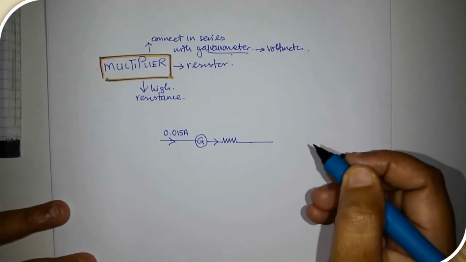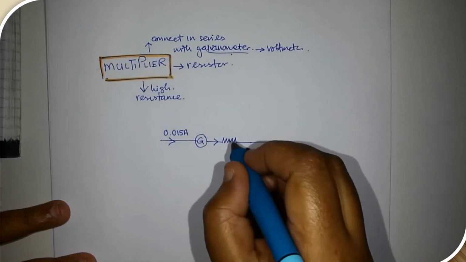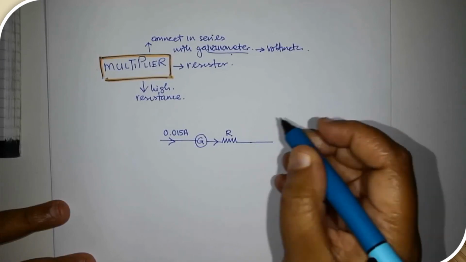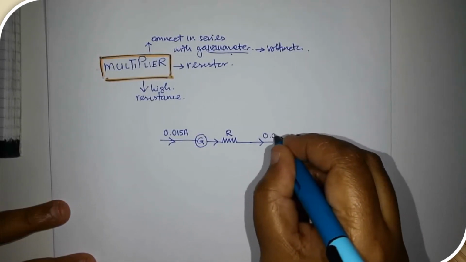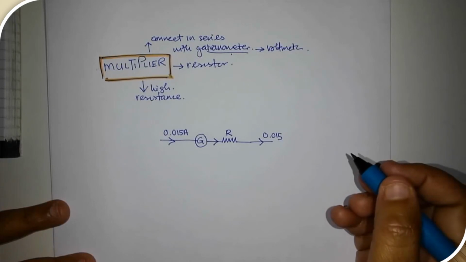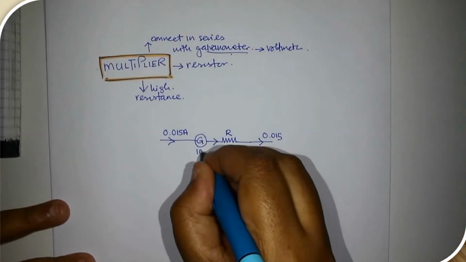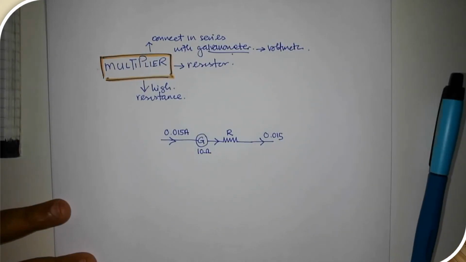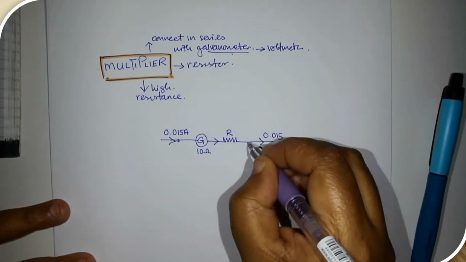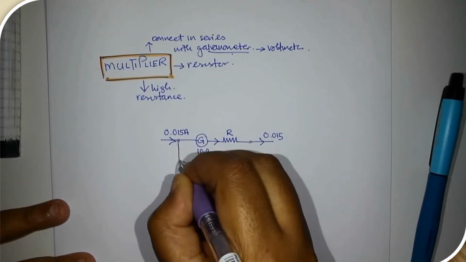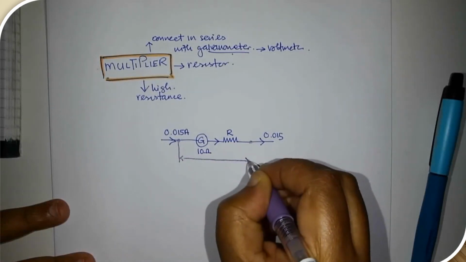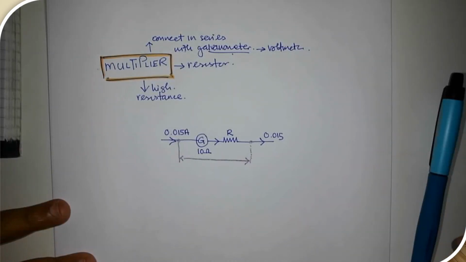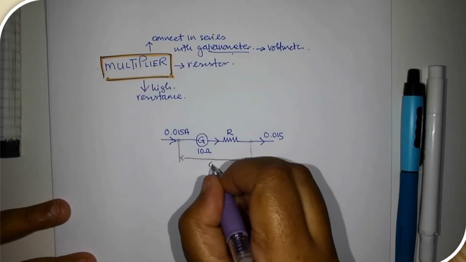The same current also flows in the multiplier, which is a resistor with a resistance R. The book says that the galvanometer resistance is 10 ohm, and the potential difference from this point to this point is 6 volt.